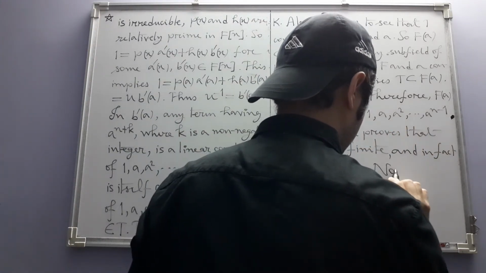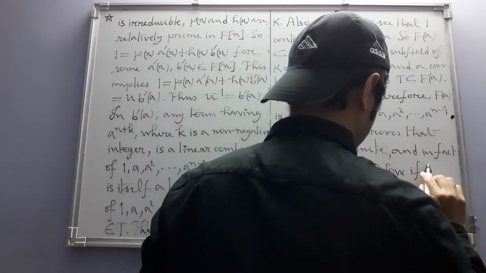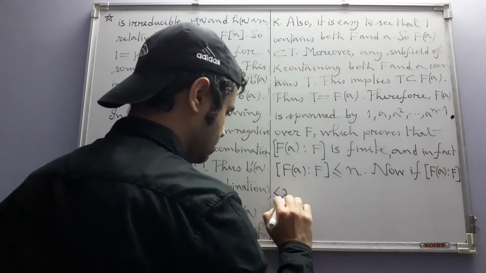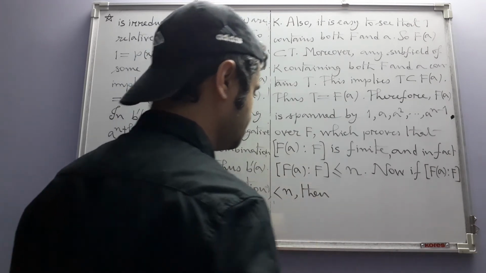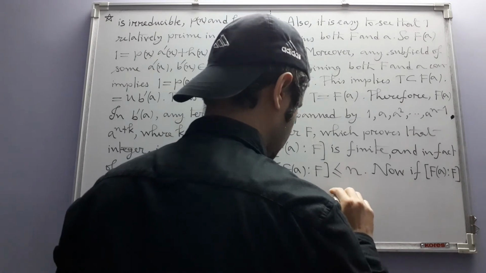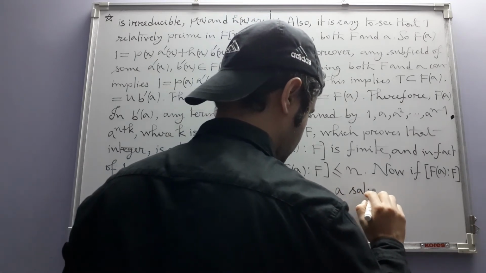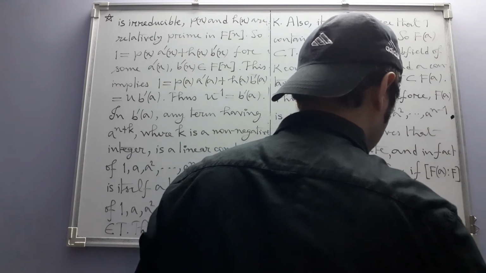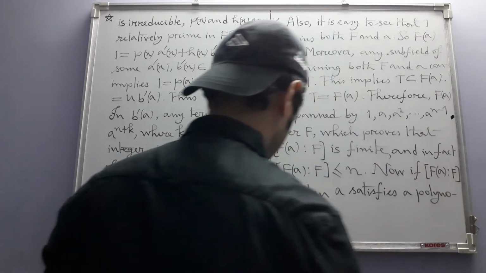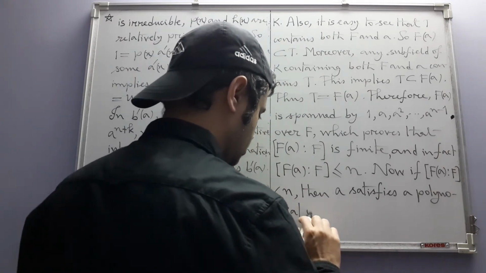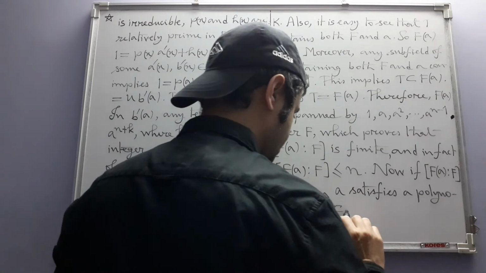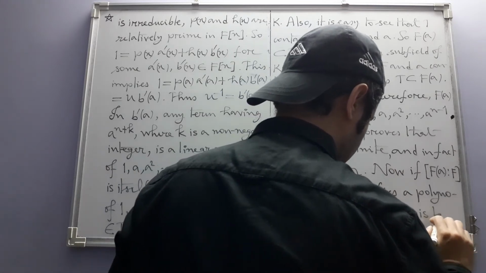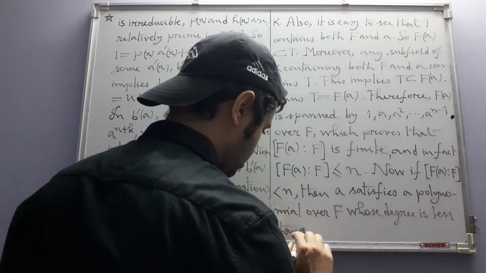Now, if this degree is actually less than n, then A satisfies a polynomial over F whose degree is less than n.